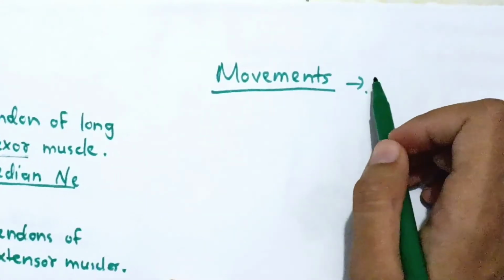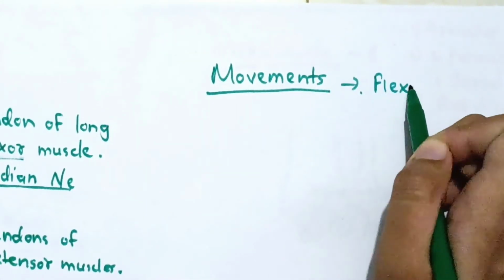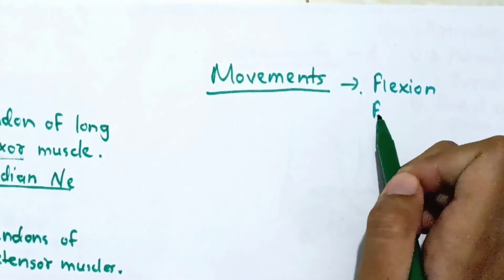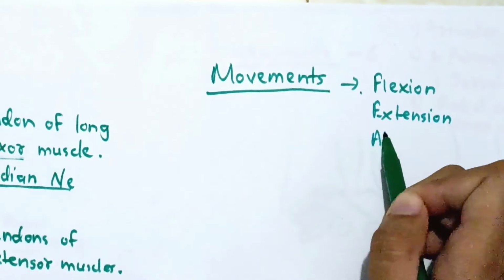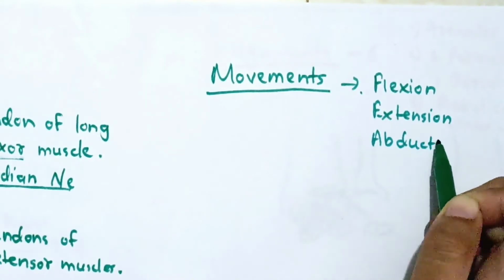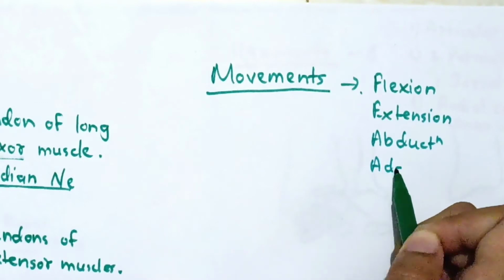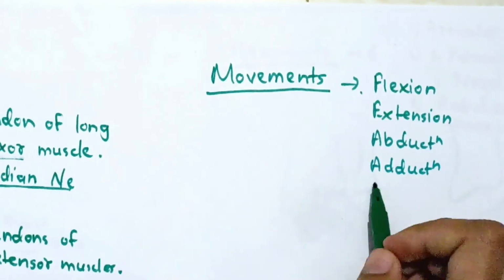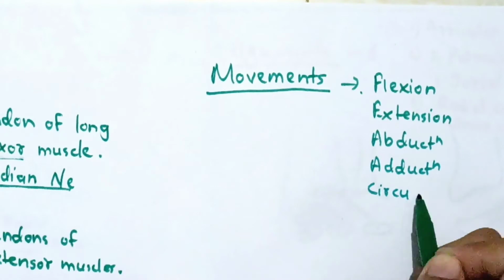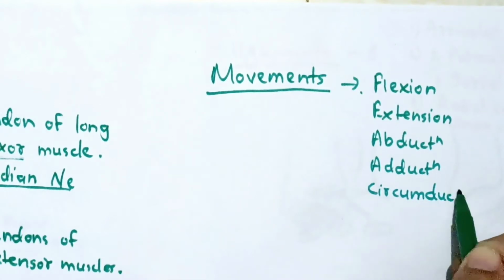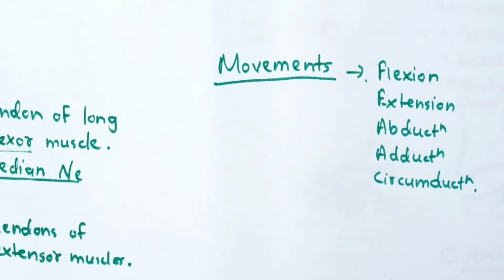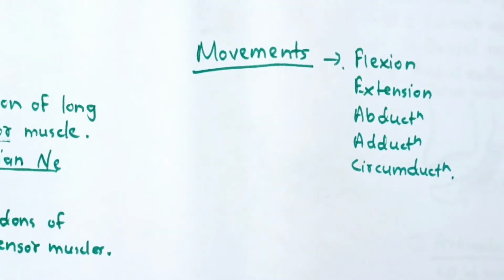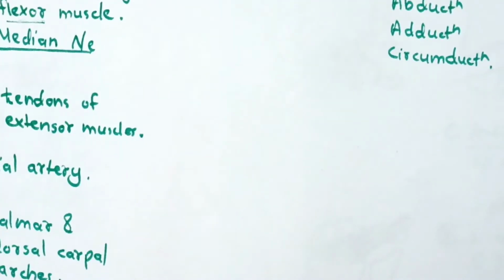So here we have the flexion, extension, abduction, adduction, and circumduction. But the thing is, the range of movements is not as much as the shoulder joint or the other ball and socket joints. Okay, so let's talk about the flexion.